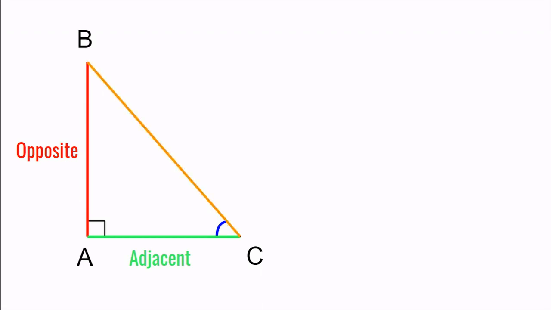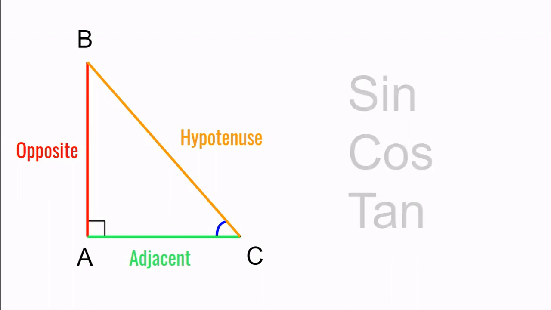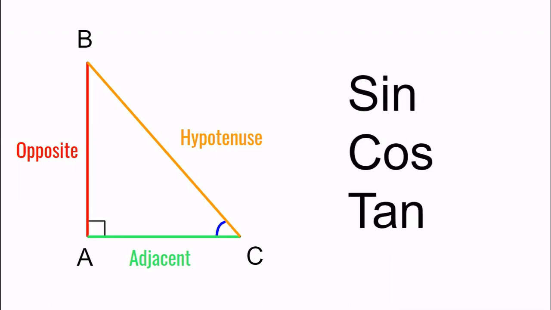And this right here is the hypotenuse because it's the largest side and it's opposite to the 90-degree angle. So before we begin, make sure you understand opposite of an angle, adjacent of an angle, and the hypotenuse of a triangle. Now in this video, we will be covering sine, cosine, and tangent.